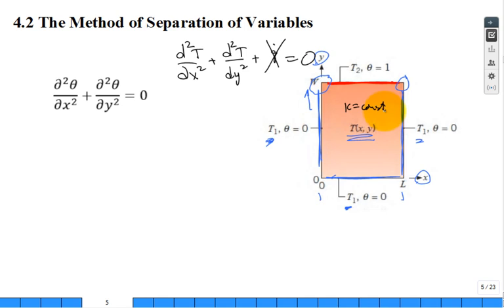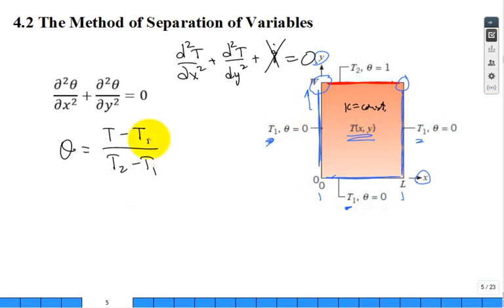Okay. Well, introduce theta. What's theta? Some dimensionless temperature difference. So it'd be like T minus T1 divided by T2 minus T1. All right, let's check it out.